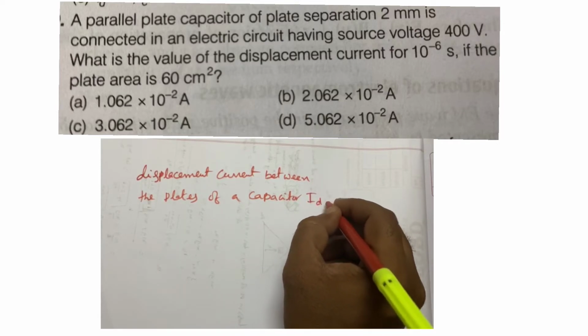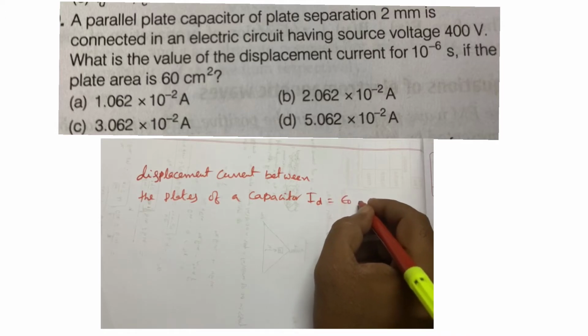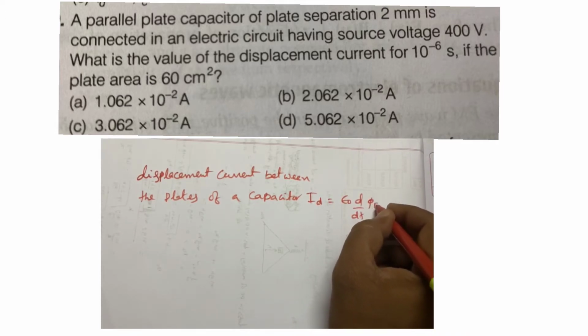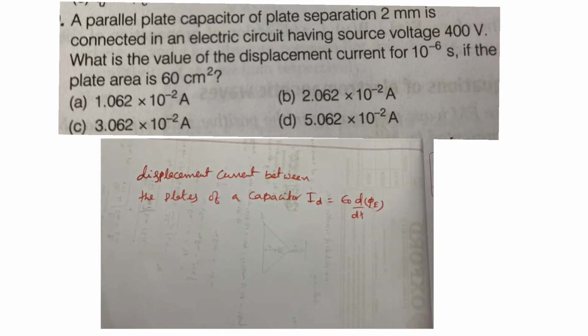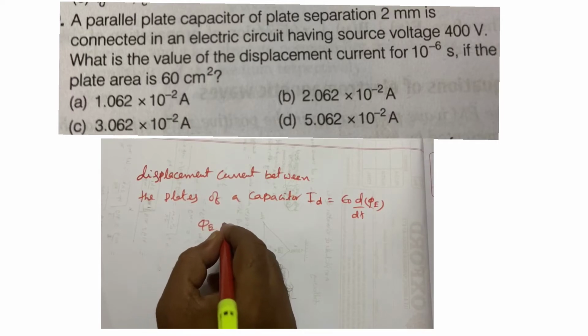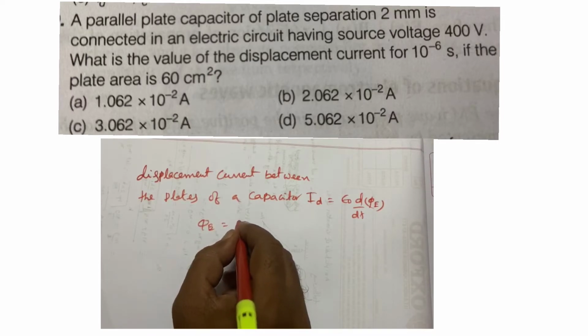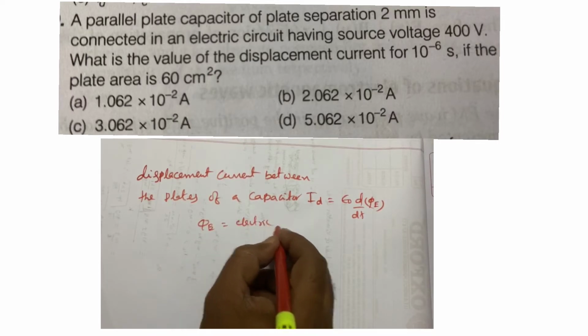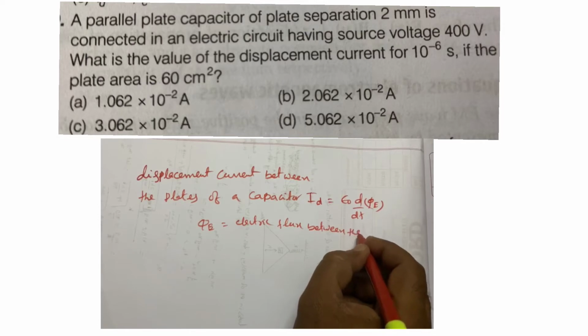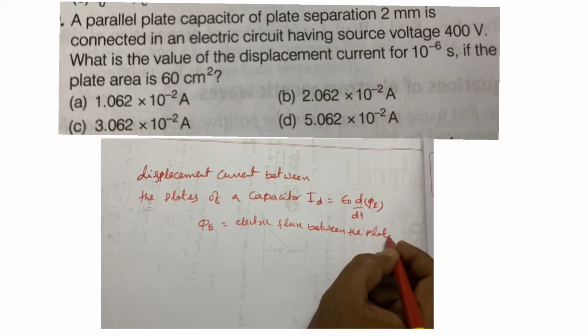I_D equals epsilon naught d by dt of phi of E, where phi of E is the electric flux between the plates.